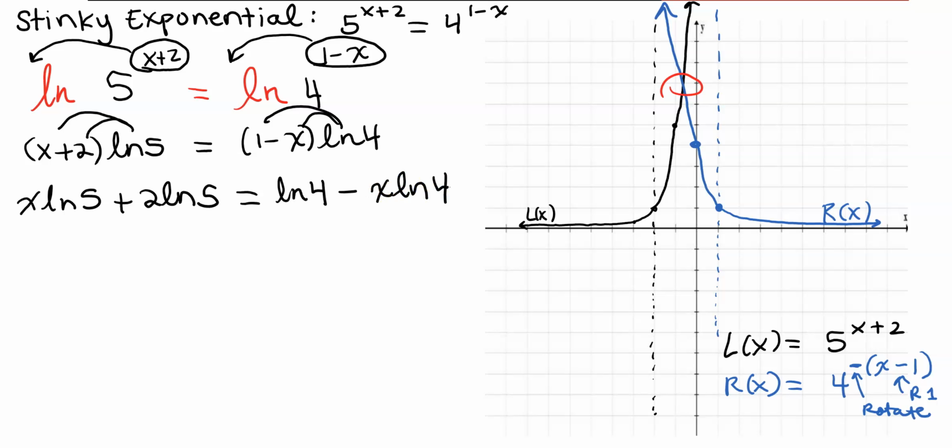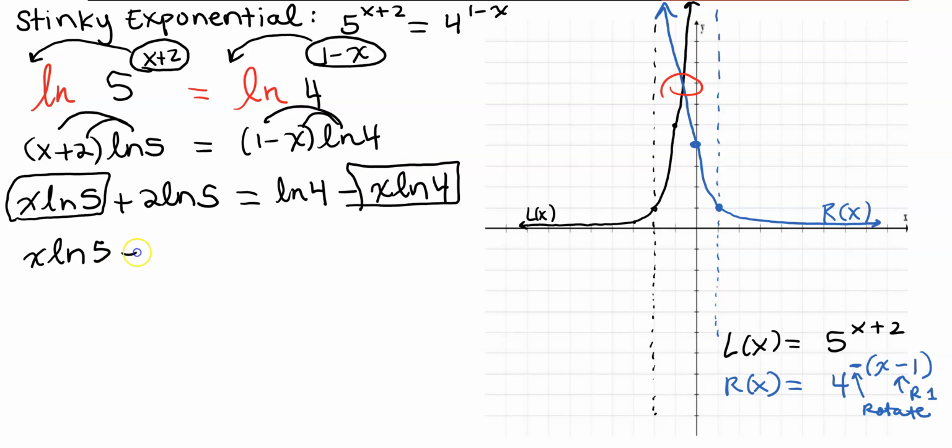Okay, now to solve for x, again, I would have to go and get all the things with x together and all the things without the x on the other side, so I can combine like terms, right? So x ln 5 stays right here. I'm going to go ahead and add x ln 4 over to here, and then subtract 2 ln of 5 to the other side.